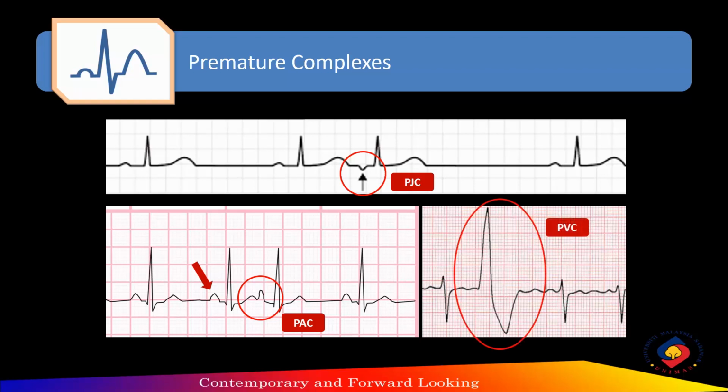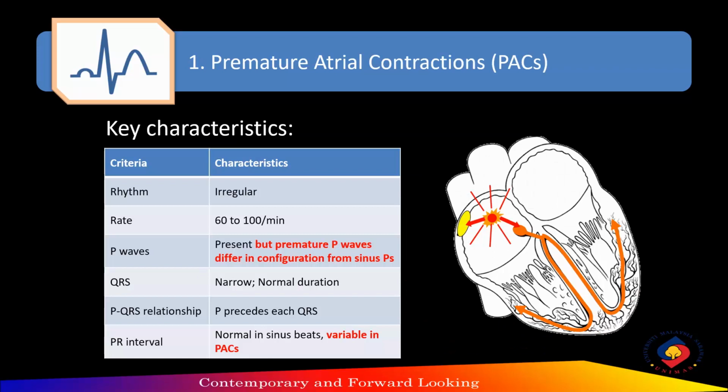PVCs would be easily identified by their prominently widened and bizarre QRS waves. We will go into the details of these characteristics of PJCs and PVCs when we cover rhythms originating from the AV junction and ventricles respectively. For now, let's focus on premature atrial contractions, or PACs.